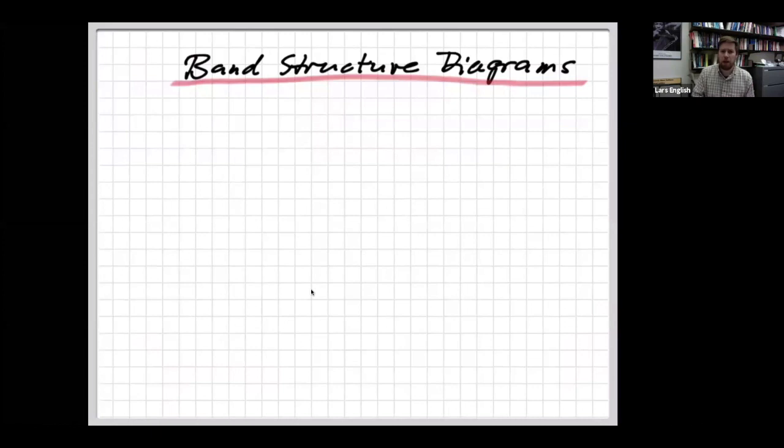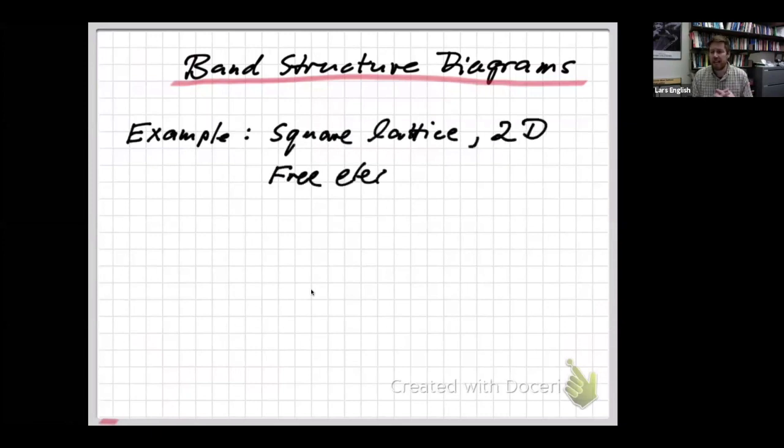So here we are, band structure diagrams. We said we wanted to look at an example that's simple, so that we can construct one ourselves, see how this is done, and get a better sense of what such diagrams are trying to tell us. A simple example would be to go down to 2D. 1D is too simple, but let's look at a two-dimensional system first before we move to the full three-dimensional crystal.